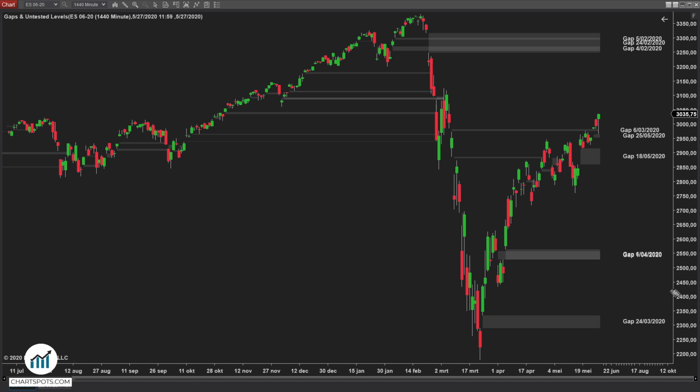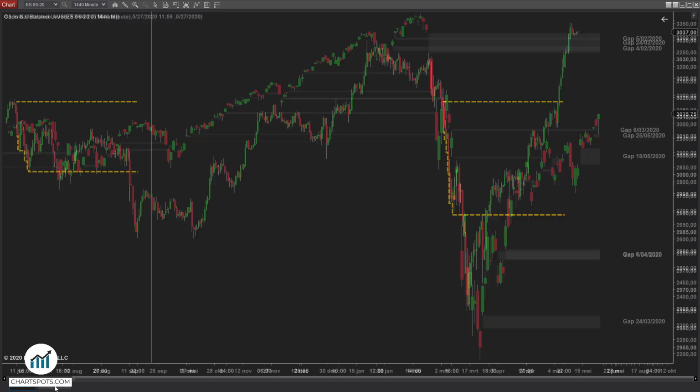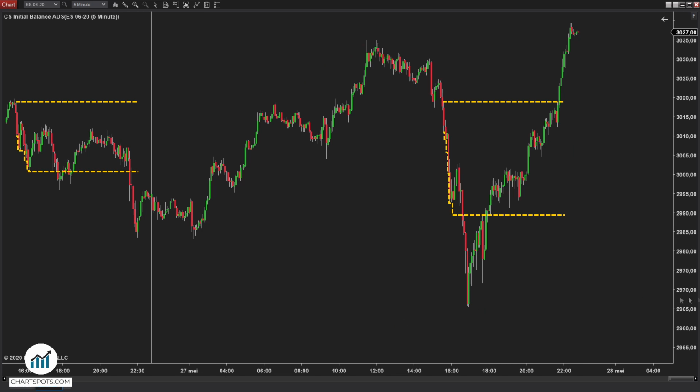Now let's have a look at the intraday chart. So what you're seeing here is the ES chart, but including the extended trading hours. So it's a full 24-hour chart.